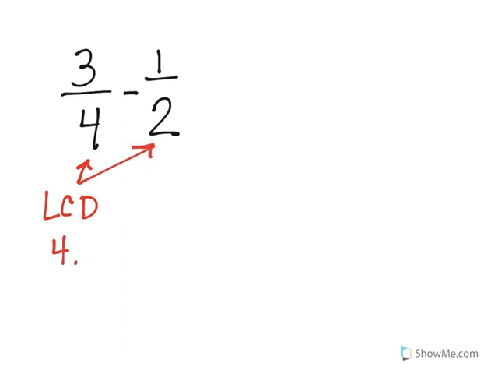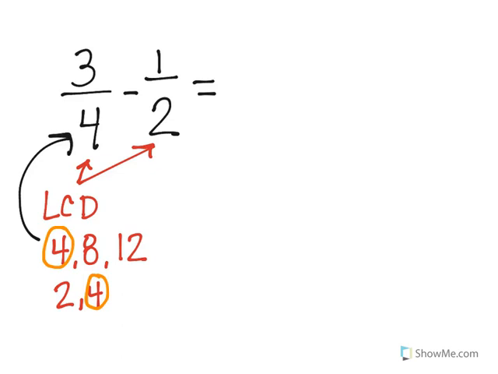So I can count 4, 8, 12. I'm going to stop there. And then I'm going to do my 2's. 2, 4. I can stop right there, guys. So look, there's a 4. Here's a 4. I did not have to do anything to this one because it's already 4. So I'm going to keep 3/4.